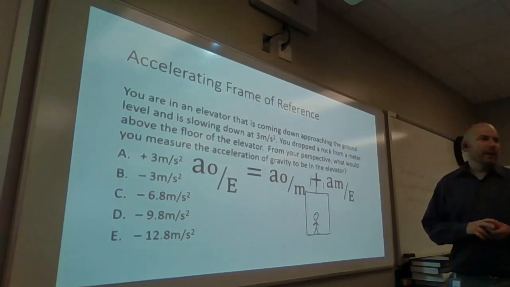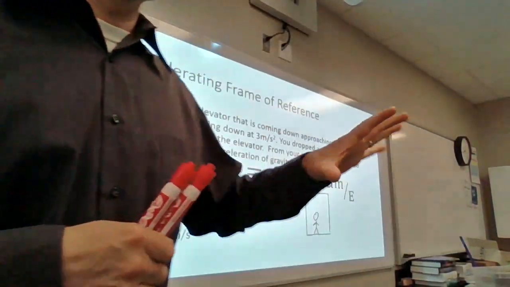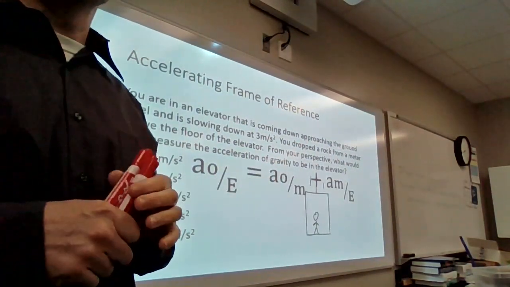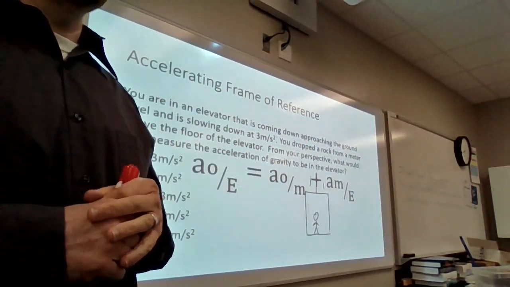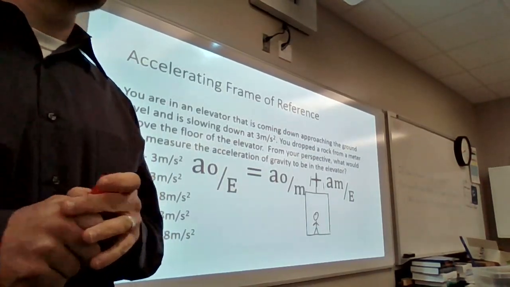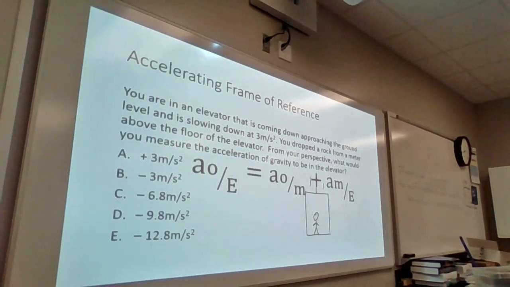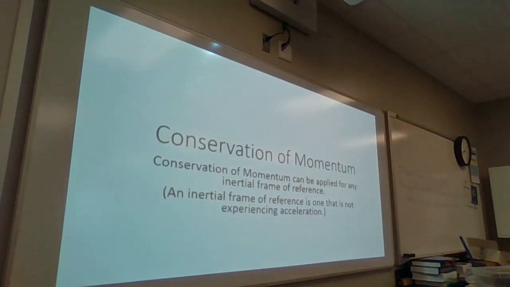So when you get into Einstein stuff, he uses this elevator analogy to help describe why gravity works. It's more of an accelerated reference frame. Okay, but we're not going to use that. We're going to employ this for conservation of momentum.